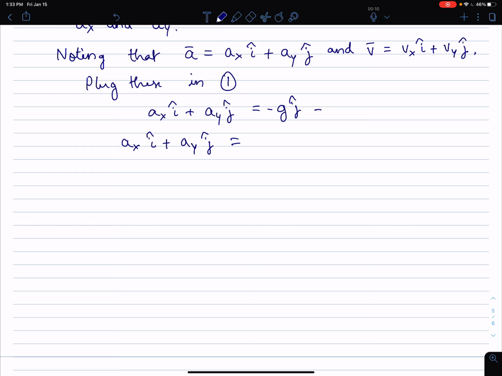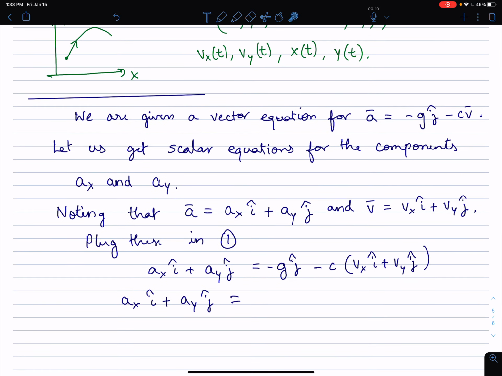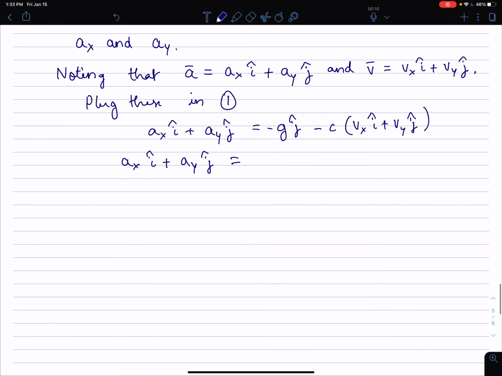It's going to be minus c times (v_x i plus v_y j), which is the minus c v. So I'm going to combine this j term with this j term, so that we have minus c v_x i plus (minus g minus c v_y) j.